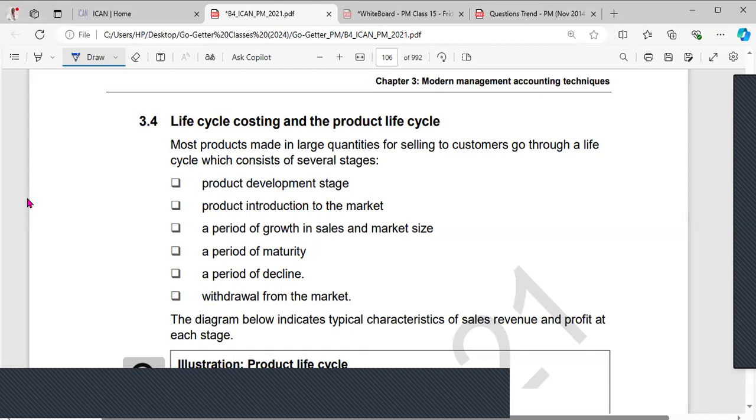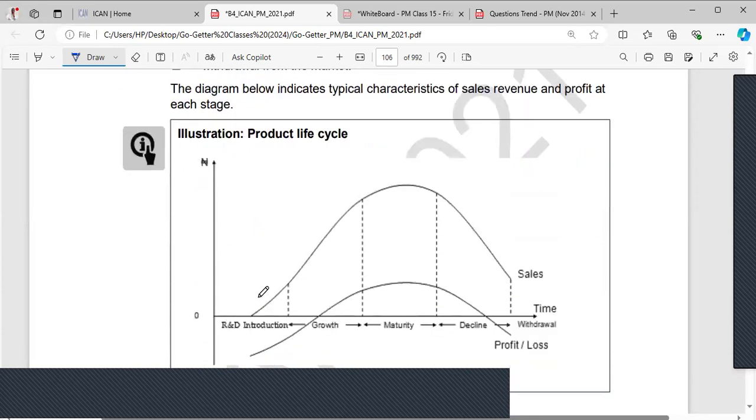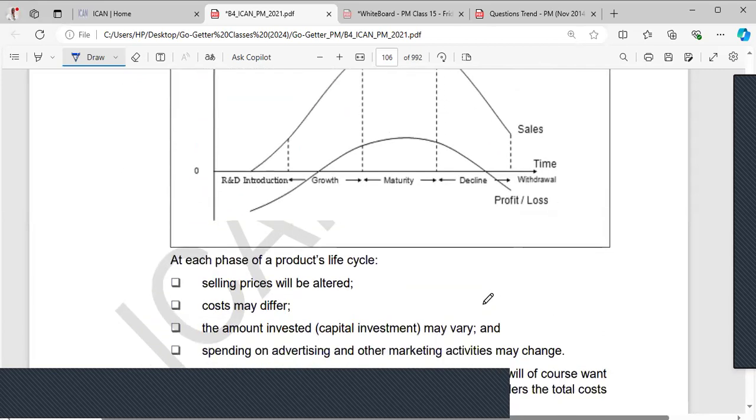Then there is a period of decline. Then after decline, there's a period of withdrawal of the product from the market. There is a curve here that shows the growth, the profits and the sales. Look at the sales and the profits. They almost go in tangent together.